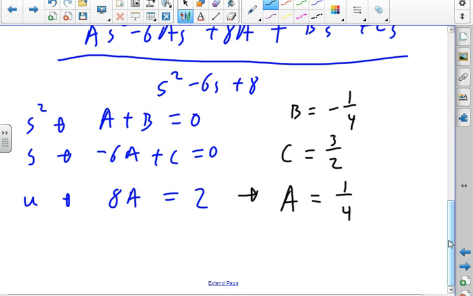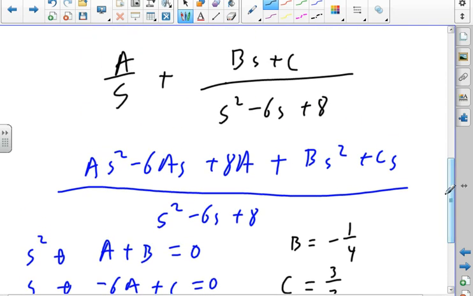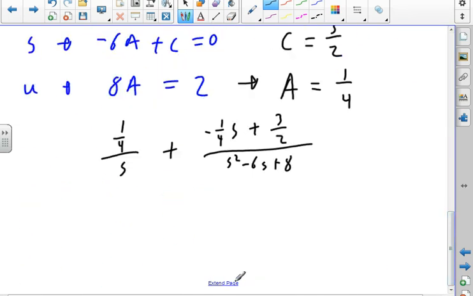So now I've got 1/4 over s plus minus 1/4 s plus 3/2 over s squared minus 6s plus 8. And is there some good reason I don't have an s sitting there? I don't know. I don't think of any. Okay, so there's my F of s.